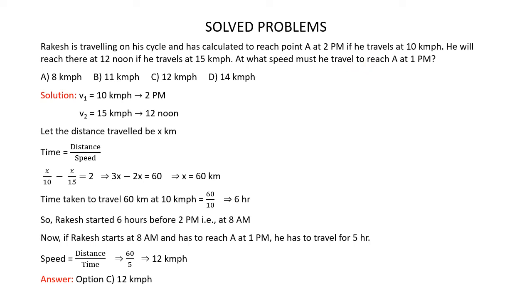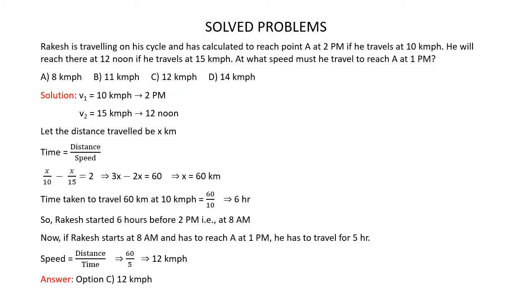Now it's given that Rakesh travels at 10 kilometers per hour and reaches point A at 2 p.m. If he travels at 15 kilometers per hour, then he can reach point A at 12 noon. So the difference in the time here is 2 hours.